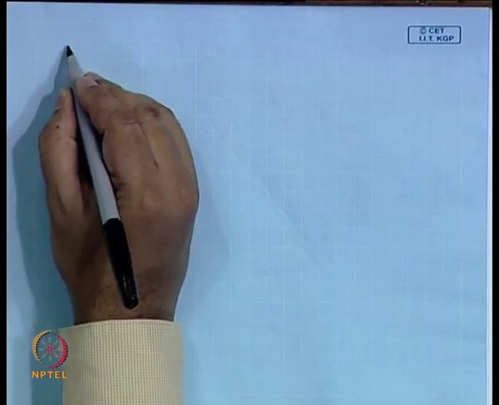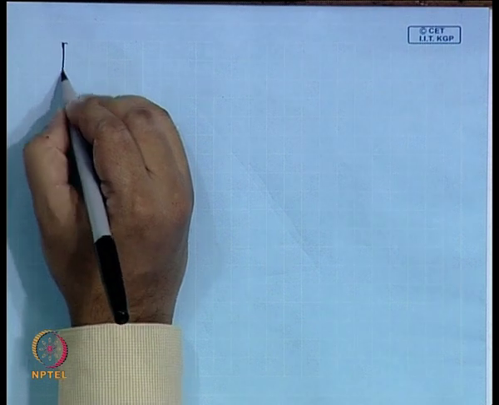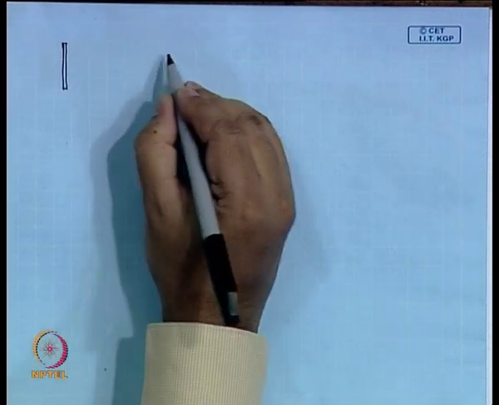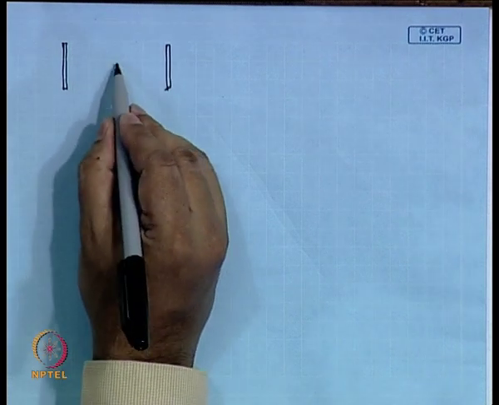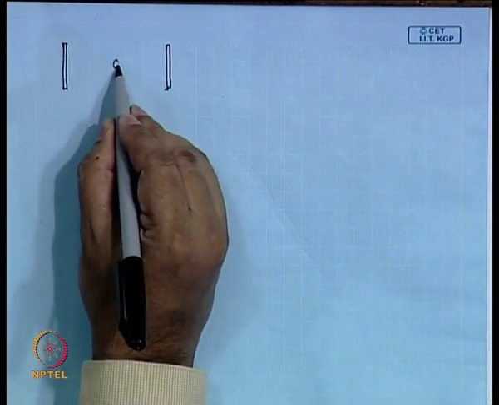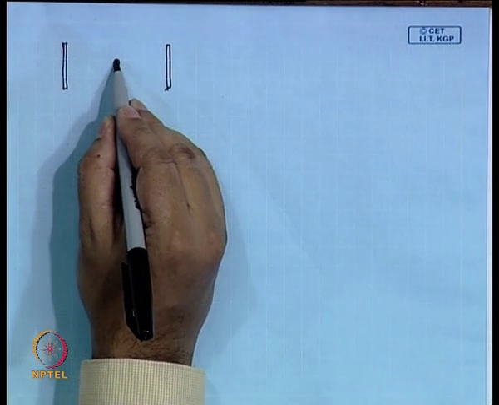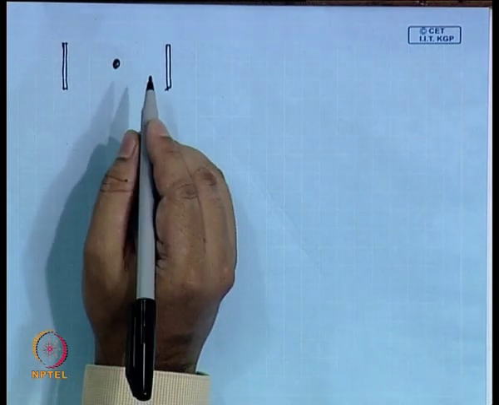In electrophoresis, we have two electrodes, and we have some particle with a size and a charge.